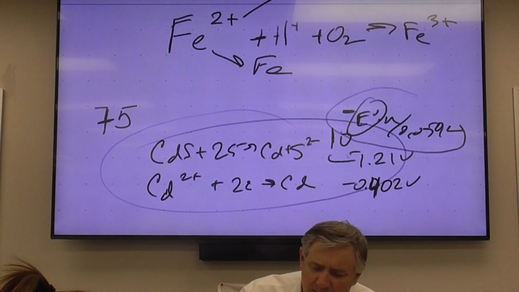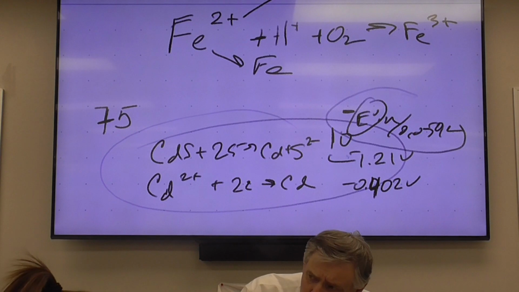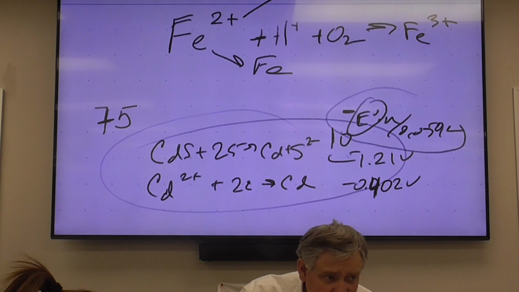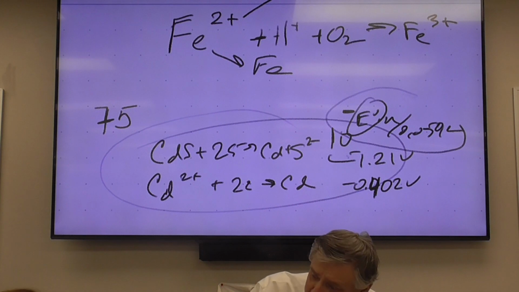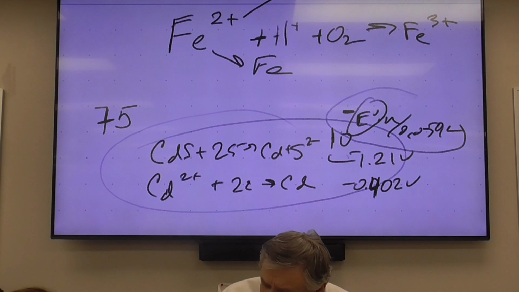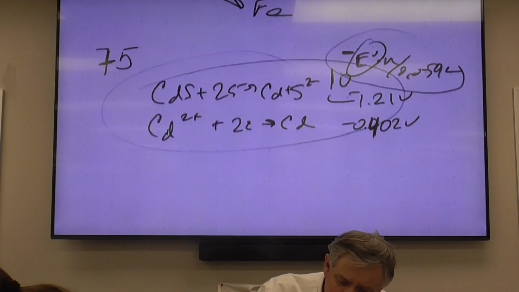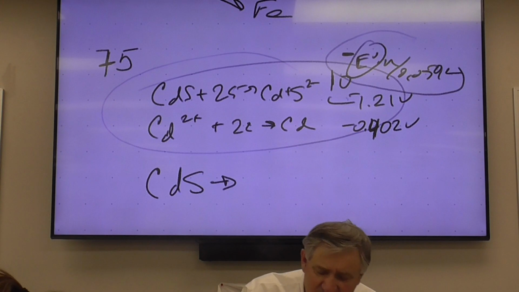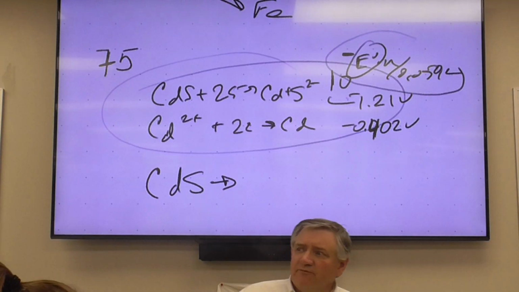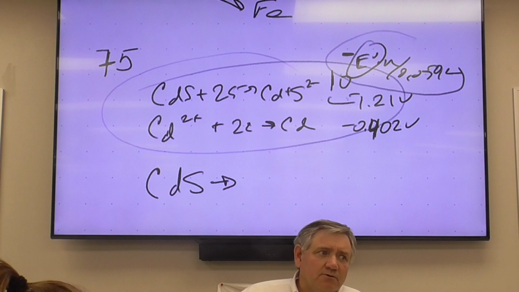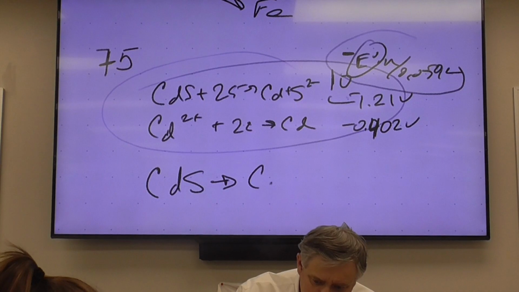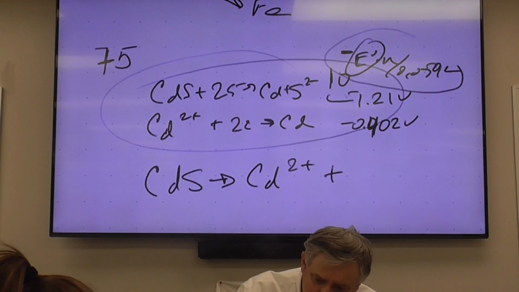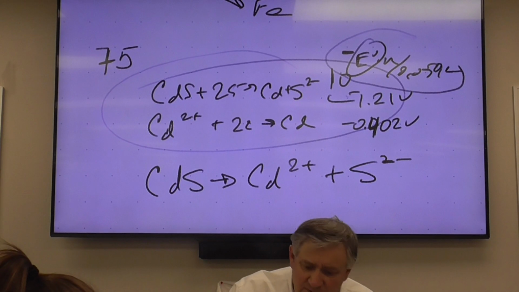Now, the other way that you can think this through is more of a chemical perspective, because you want to find the Ksp for cadmium sulfide. How do you write the ionization equation for cadmium sulfide? What's it turn into? Cd2+ and S2-.